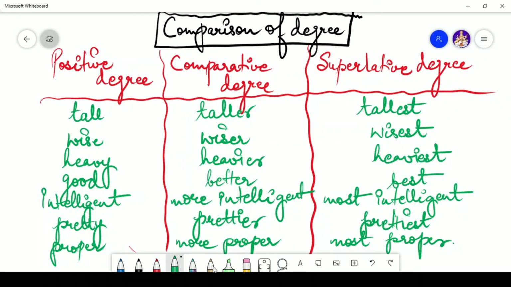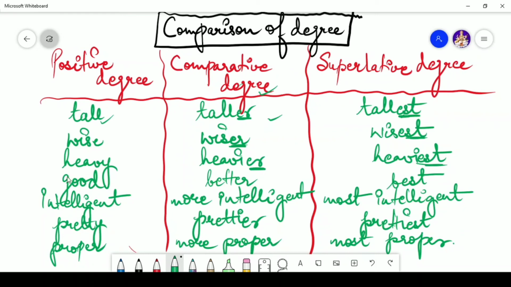The first one is tall, taller, tallest. We already talked that by adding -er at the end of the positive degree makes the comparative degree, and adding -est at the end of the positive degree makes it superlative degree, as it happens in case of tall, taller, tallest, wise, wiser, wisest, heavy, heavier, heaviest.